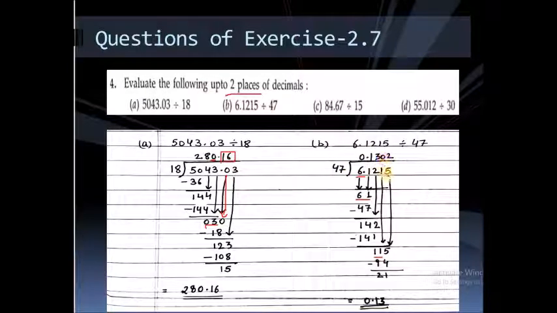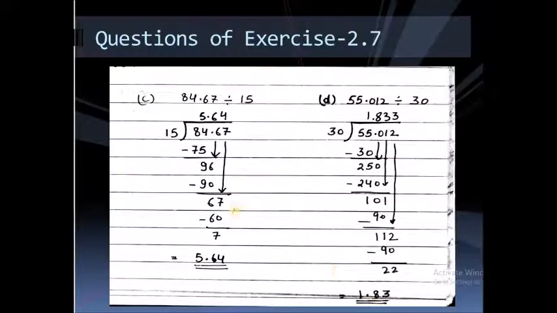Then only I can note down this 5. So I put this 0. Then I note down this 5. It will become now this 115. 115, nearest to it you have 94. That will come 2 times. Okay. So 21 is the remainder, and because you have to write the answer up to 2 decimal places only, you can write only 0.13 that I have written here.